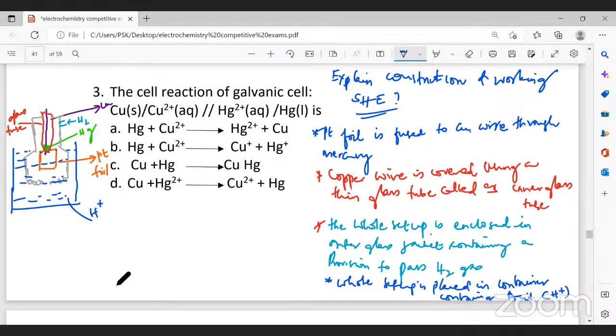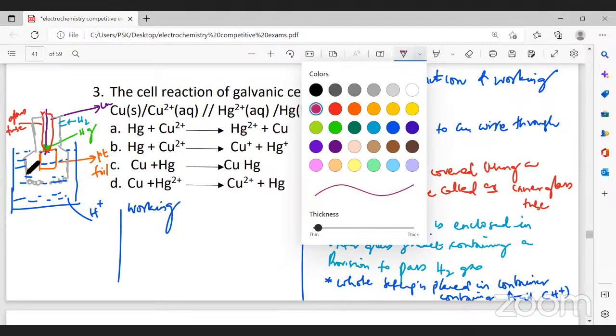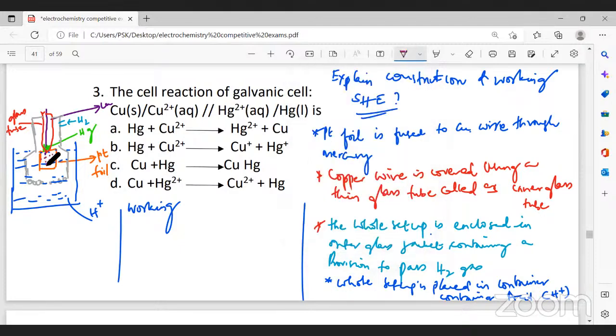We need to understand the working of this. Now, you are passing hydrogen gas. When you pass hydrogen gas, this hydrogen gas gets adsorbed on platinum foil.